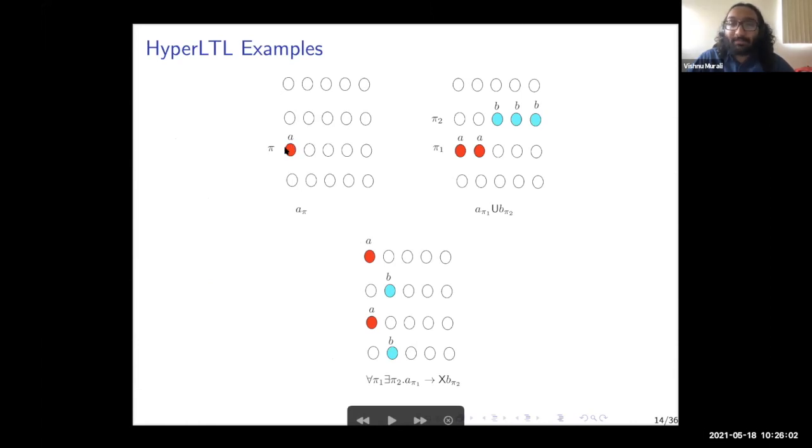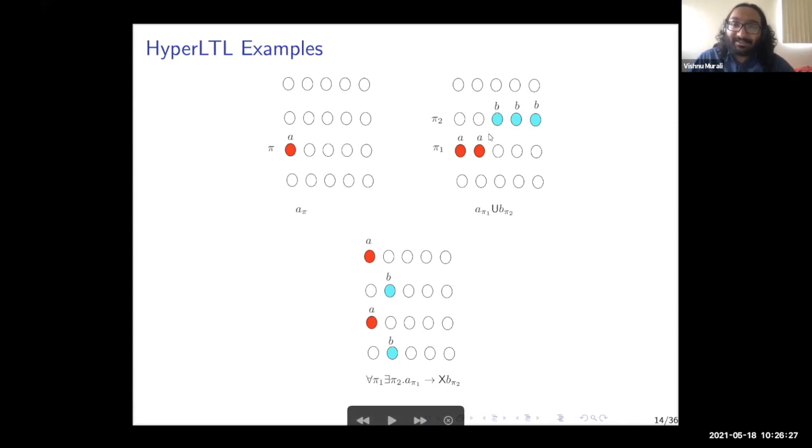To show how HyperLTL can relate different traces, let us consider the example on the right. The formula we consider is A_pi1 until B_pi2, which indicates that along trace pi1, the atomic proposition A must hold until such a point where the atomic proposition B holds true in trace pi2.